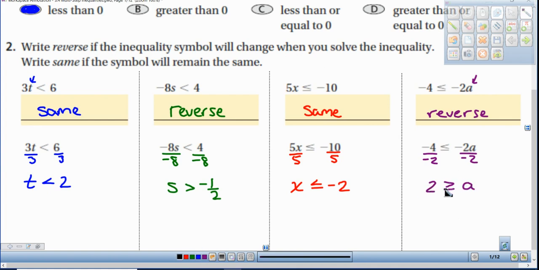Instead of saying 2 is greater than or equal to a, we can rewrite that, making the same statement, and just say a is less than or equal to 2. That way my variable is on the left side as it is for all these other ones. So these are equivalent in what they're saying. If 2 is greater than or equal to a, that means a must be less than or equal to 2. So that's how we would prefer to write that inequality.